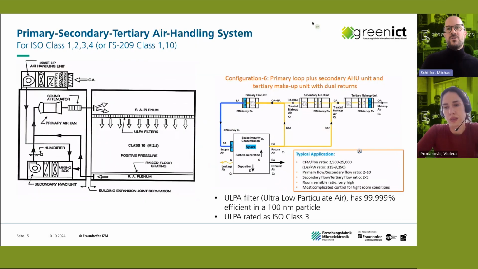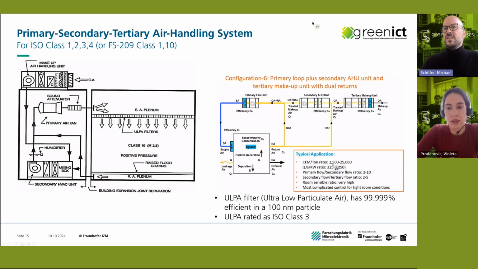If you go now to the highest ISO classes, so 1, 2, 3, 4, you have 3 stages of handling systems until it gets into the clean room, and there you have ULPA filters, no HEPA filters anymore. ULPA filters are usually rated for ISO class 3, and they are nearly 99.999% efficient on 100 nanometer or 112 nanometer particles.